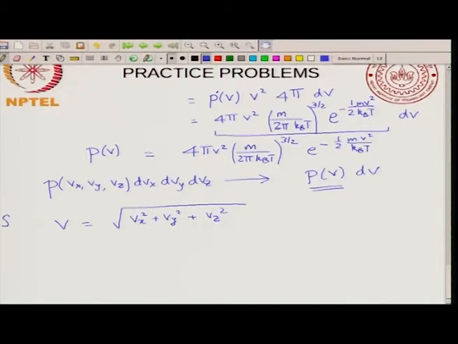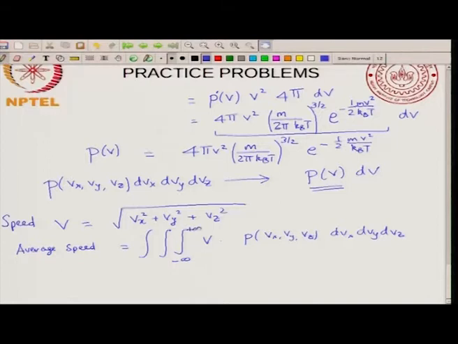So, this is speed, and average speed is equal to integral V times P of Vx, Vy, Vz dVx, dVy, dVz. Okay, and this is a triple integral actually, because you are integrating over Vx, Vy and Vz. So, I will just write this as a triple integral. Okay, and each of Vx, Vy, Vz go from minus infinity to plus infinity.